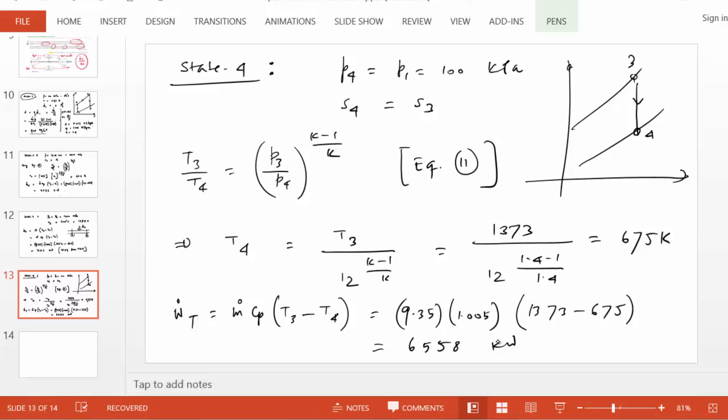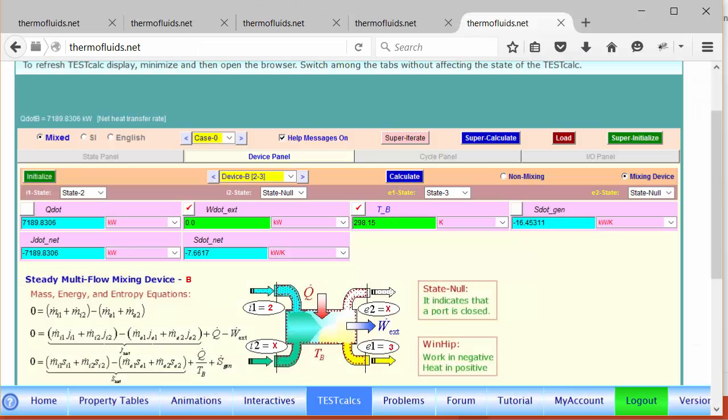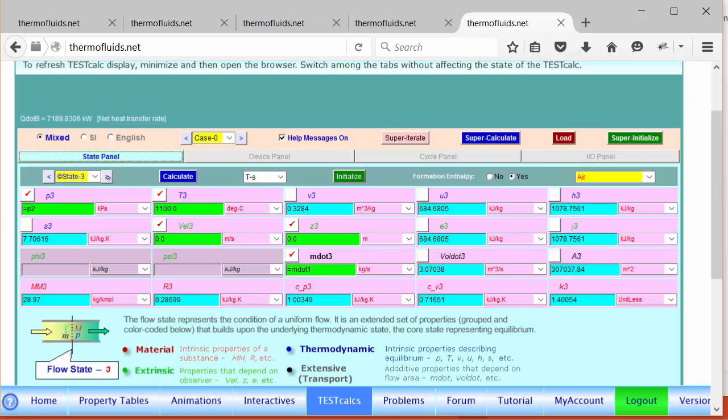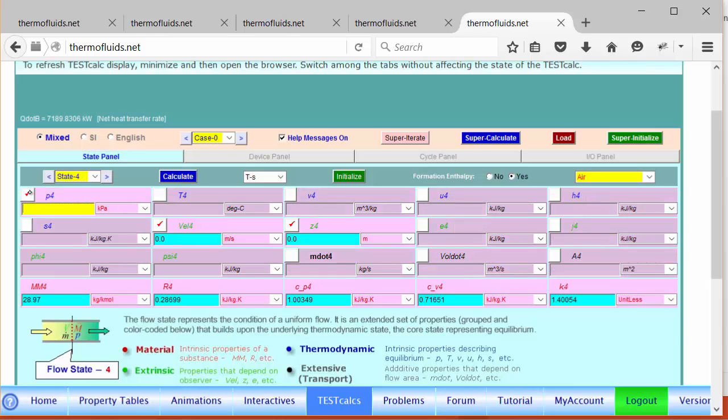I'll go and verify. So for that we need to find state 4 first. State 4: P4 equals P1. Remember, that's what completes the cycle. And entropy at 4 equals entropy at 3. Mass flow rate is the same.